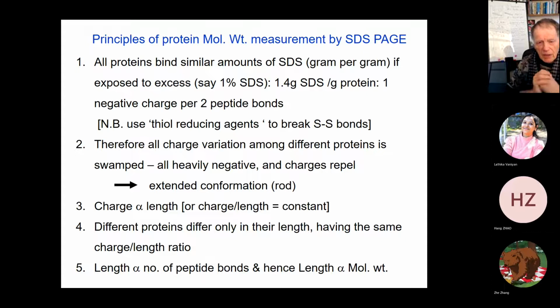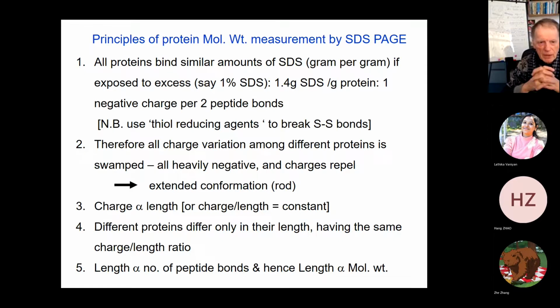And the SDS molecule has a negative charge, so if you bind SDS to the protein with SDS in excess, you tend to find one negative charge through the SDS binding per 2 peptide bonds.